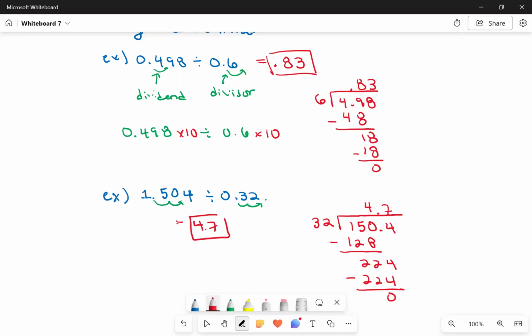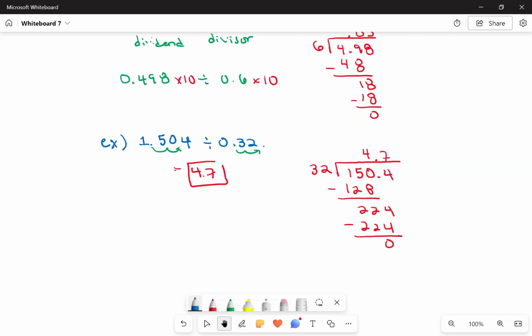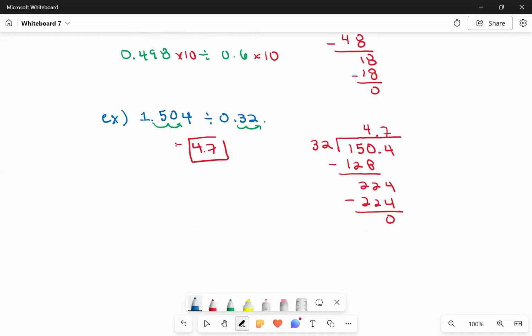All right. And then lastly, just like with multiplication, when you have dividing by powers of 10, it works in the reverse way. Powers of 10. So this time I'm not going to write out the rule. I'm just going to demonstrate it.